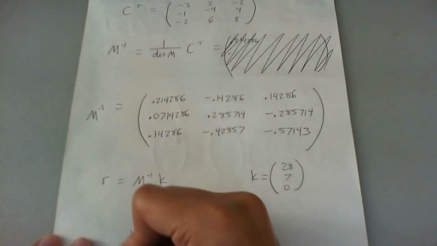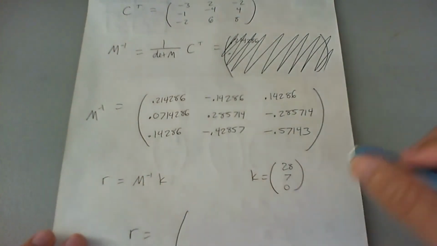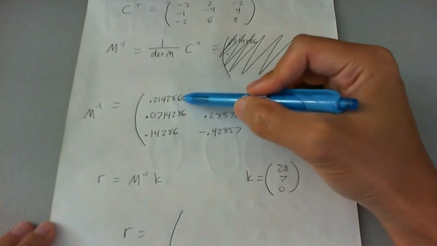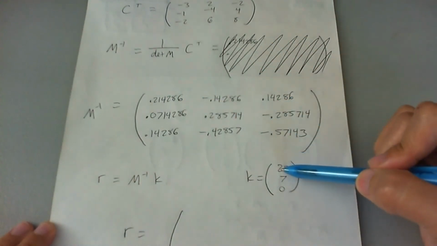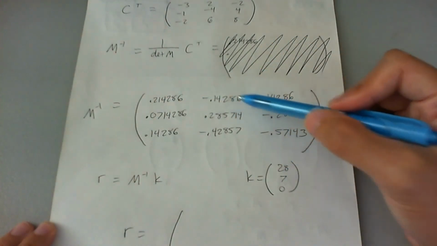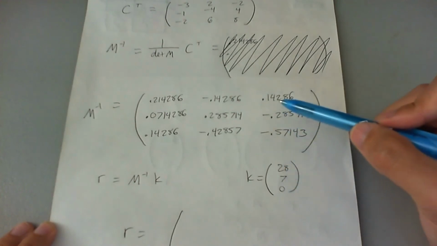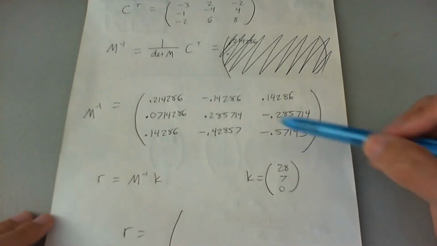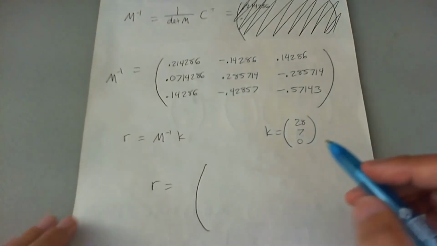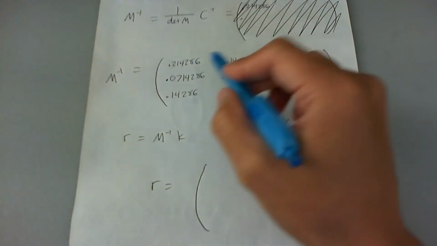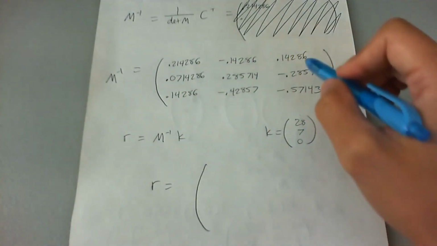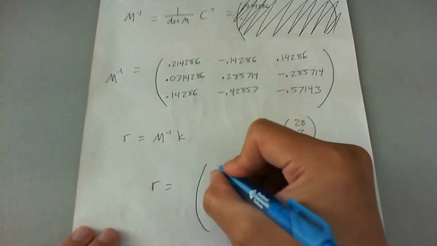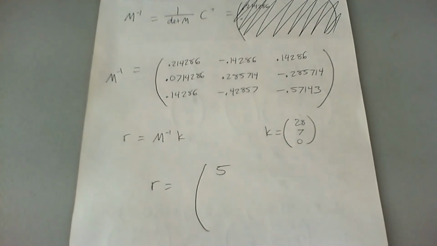So R is going to equal this number times this number plus this number times this number plus this number times this number. That's going to be the first row. It so happens that if you were to take the addition of these products, you get 5.